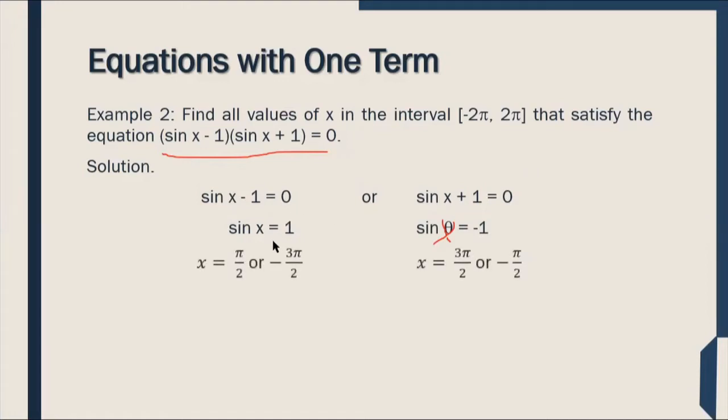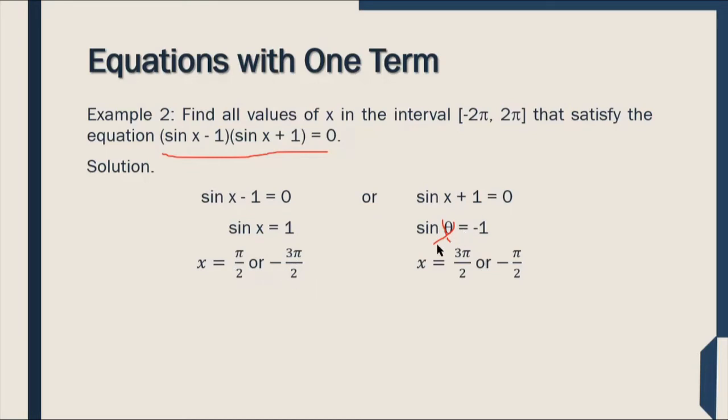So, sa ating closed interval, pwede lang na maging qualified na value ng x dito sa sin x equals 1, pag kinuha natin siya ay arc sin 1, which is pi over 2 or negative 3 pi over 2.